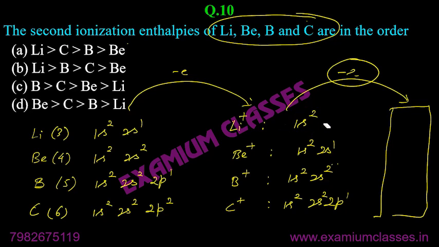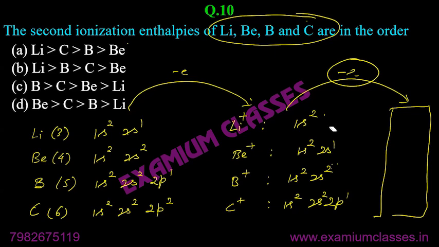This is helium configuration, noble gas configuration, which is very stable. So don't get confused that here also it is fully filled. No, here it is just one orbital fully filled. Here it is noble gas configuration. It means the highest second ionization enthalpy will be of lithium. So you narrow down to A and B. A and B can be correct.